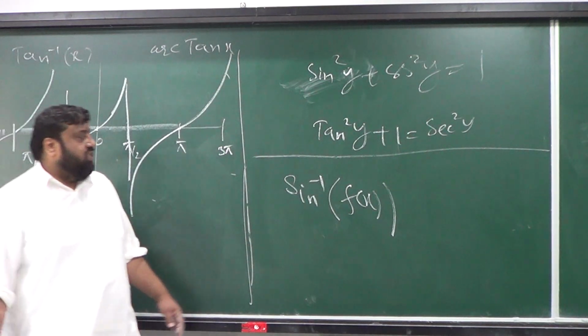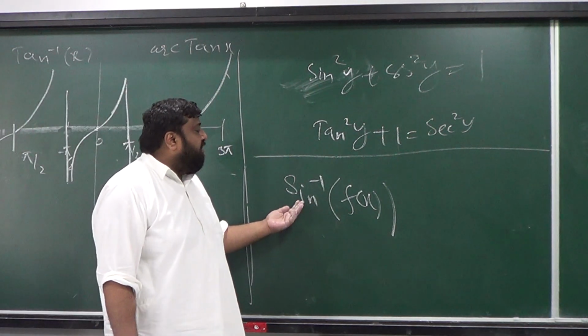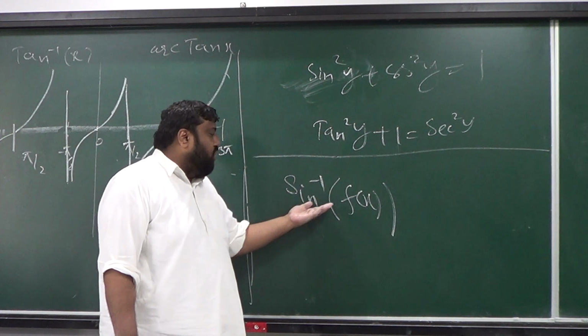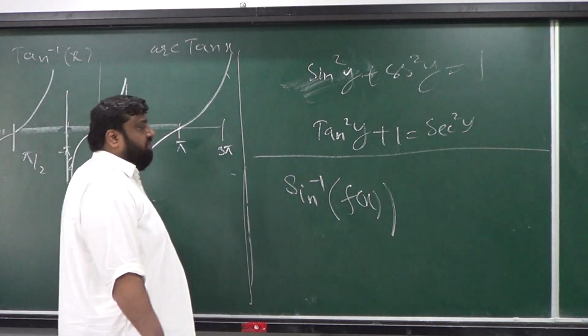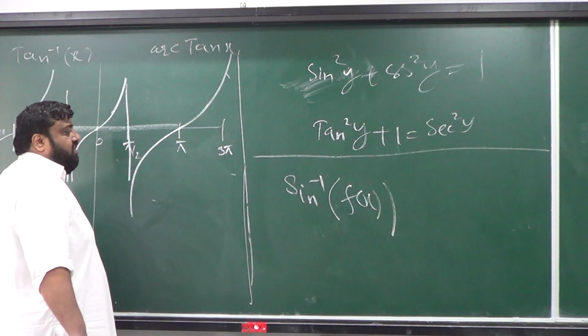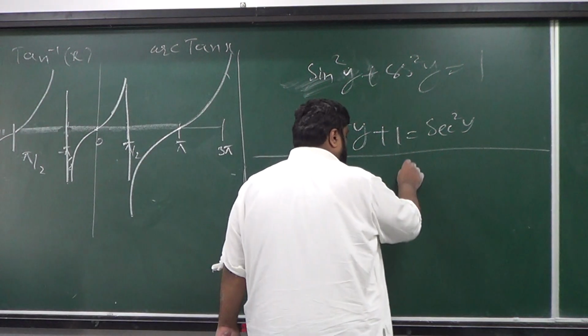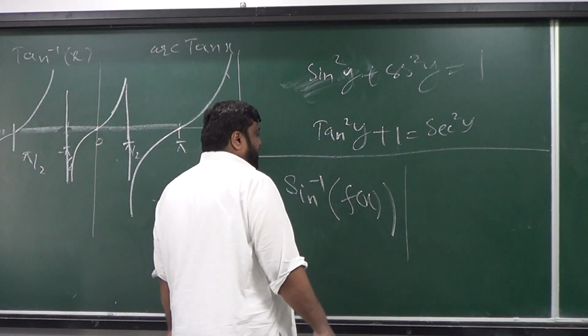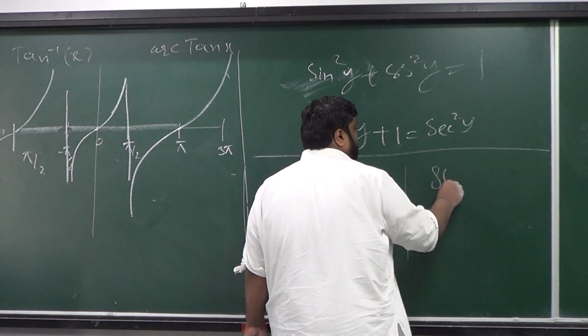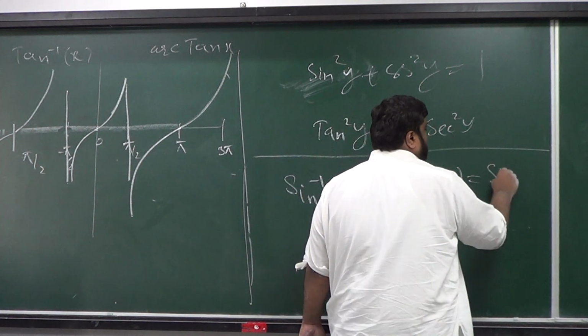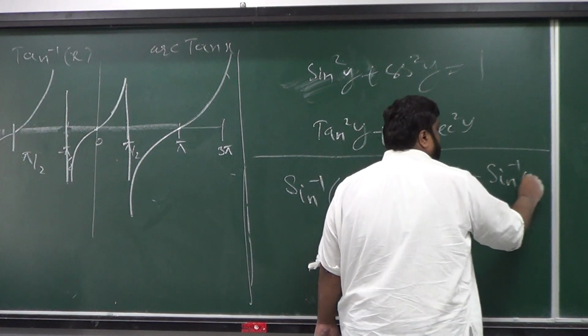Okay, so in other words, you have the sine inverse function composed with another function f of x. So how are you going to do it? Take a function, say g of x, that is sine inverse x.